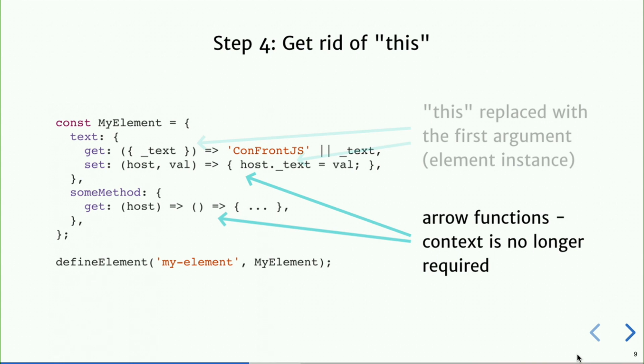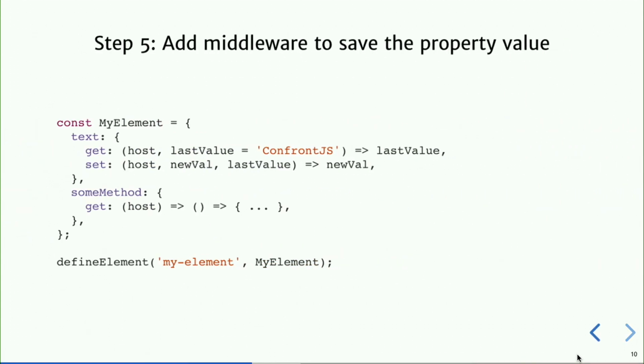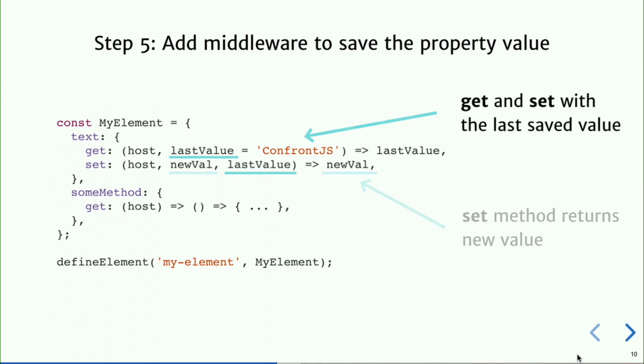So again, because we have a custom definition, we can do trickier things, like add middleware to save those property values. For now, the set method is actually not creating a new value for some other property, it just returns it. And our custom definition will hold this value. You can see it's really clear here, and from now we can use another feature of JavaScript, like default values of arguments.